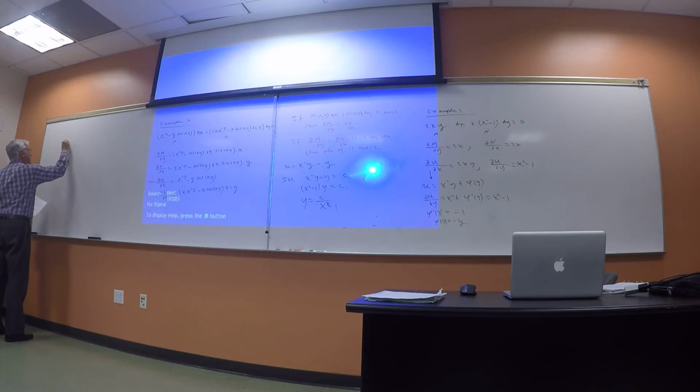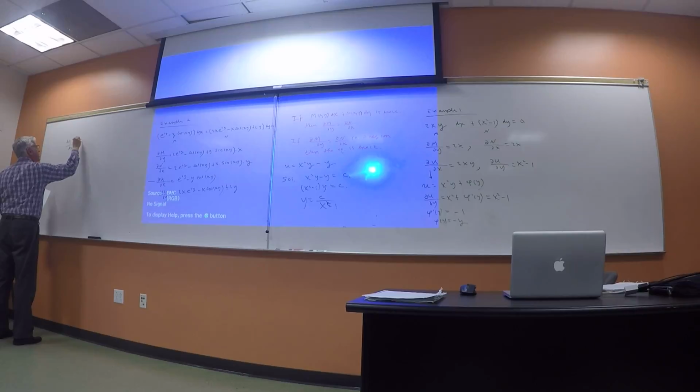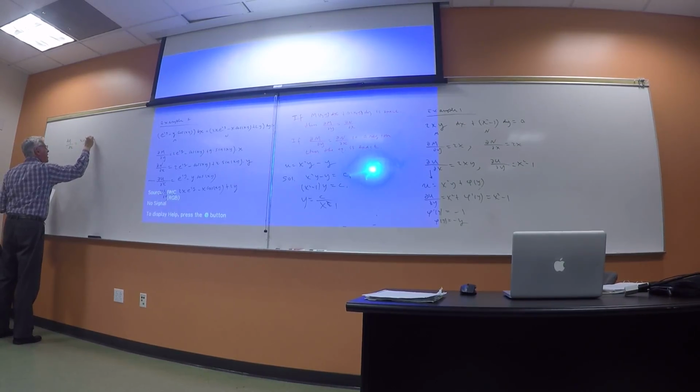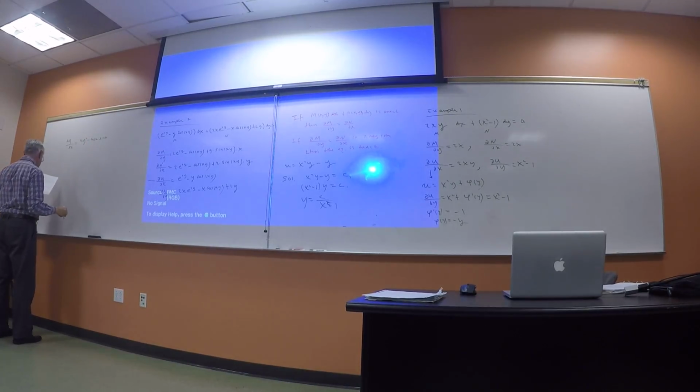In this form, here I got dy/dx equals, upstairs I get xy squared minus cosine x times the sine of x, divided by y times (1 minus x squared).